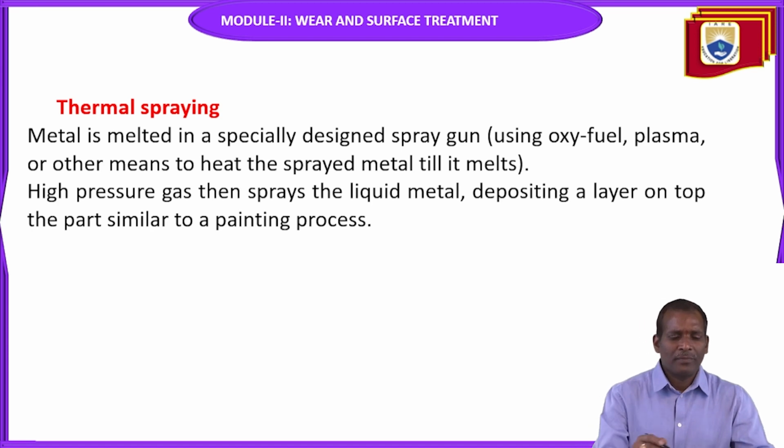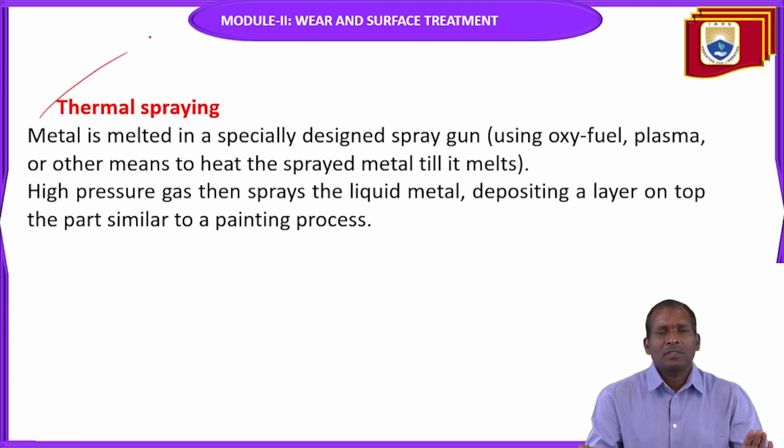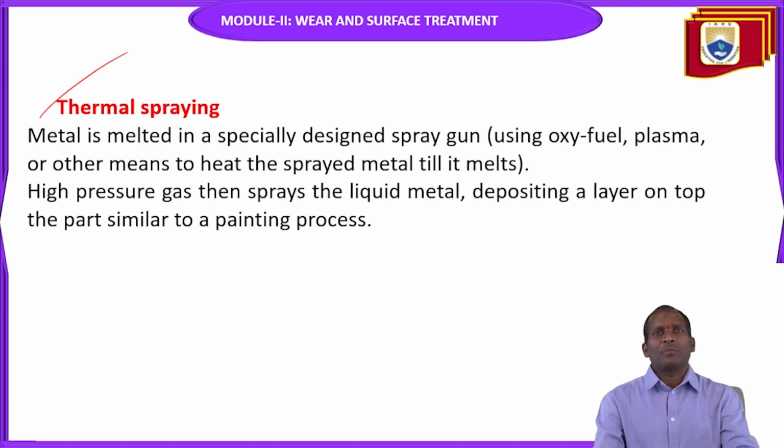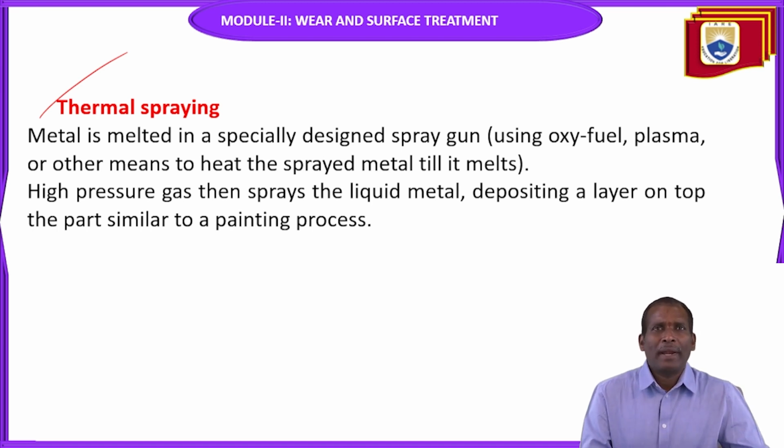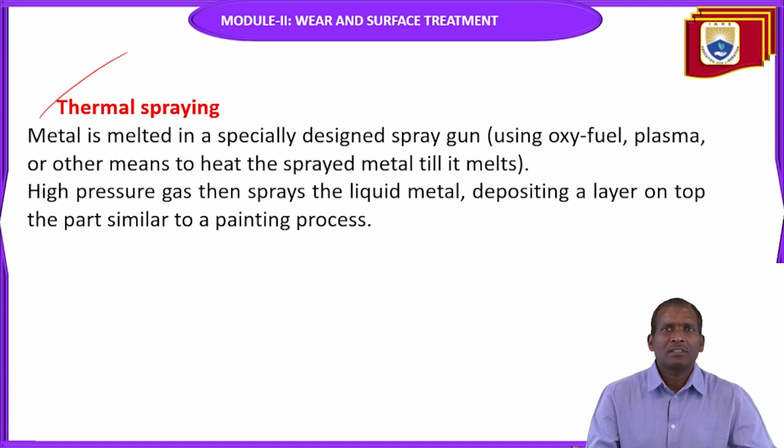Next, thermal spraying. In this type of treatment, metal is melted in a specially designed spray gun using oxy-fuel, plasma, or other means to heat the sprayed metal till it melts. I will show you the diagram.